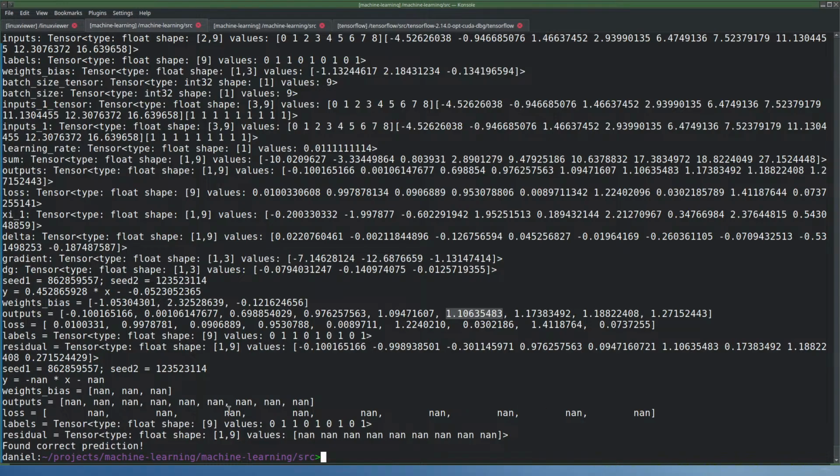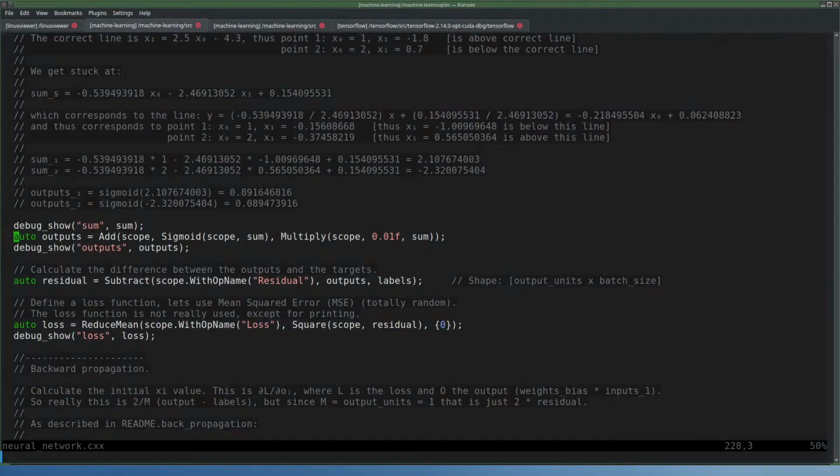Because my weights were updated with not a number. The gradient was not a number. Something went completely wrong. Yeah, I have no idea why, but okay.